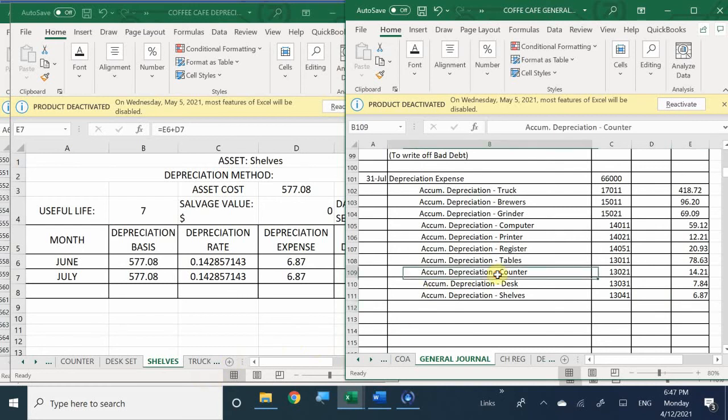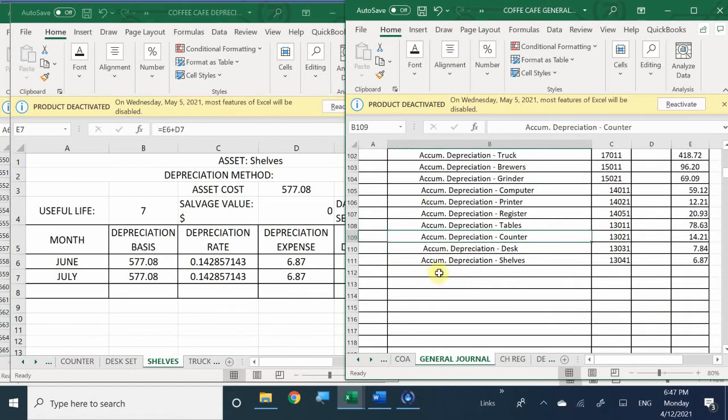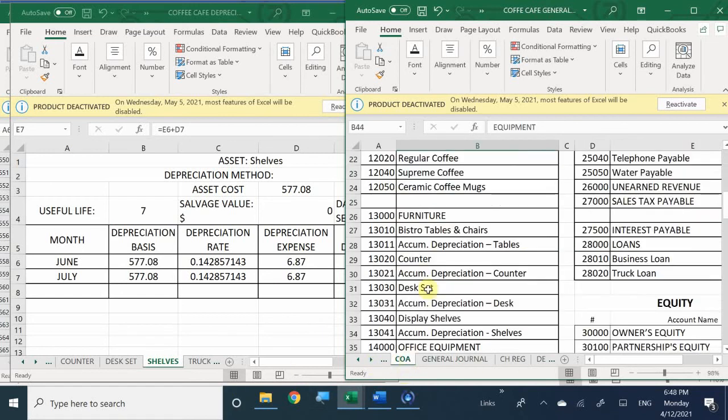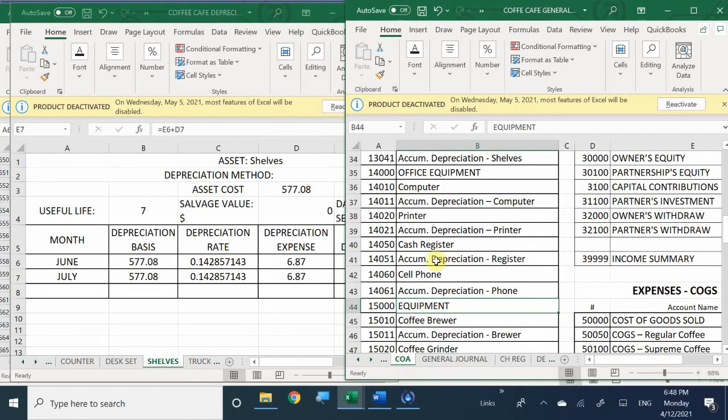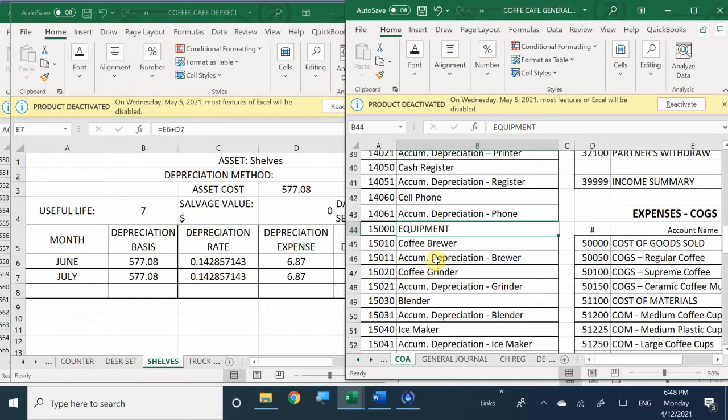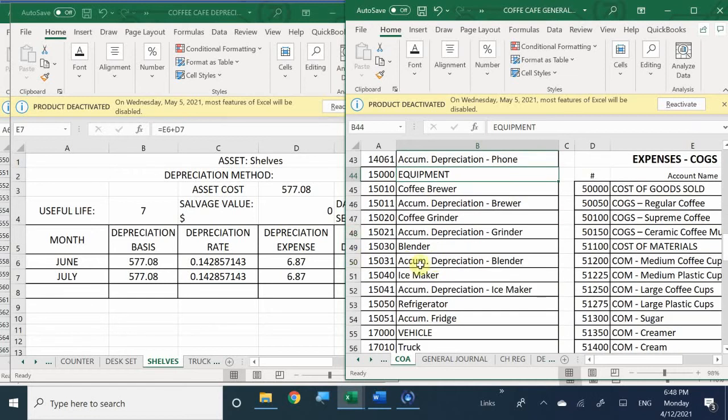We also then calculated our depreciation for the blenders. So accumulated depreciation for the blenders, okay, which we know that the account number for that is under equipment blenders. It's 1531.